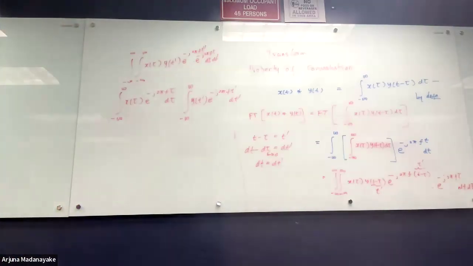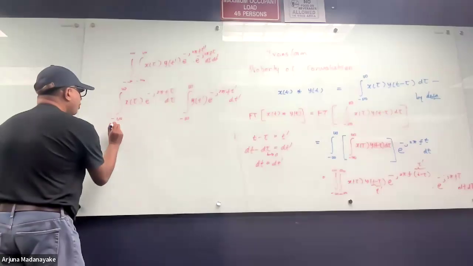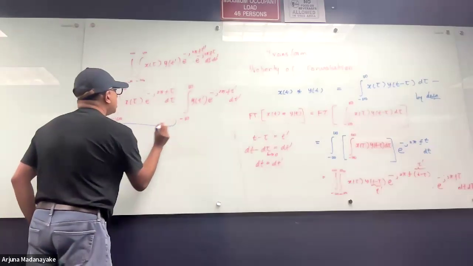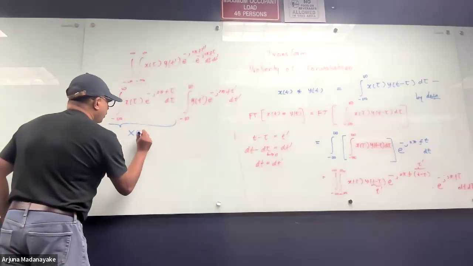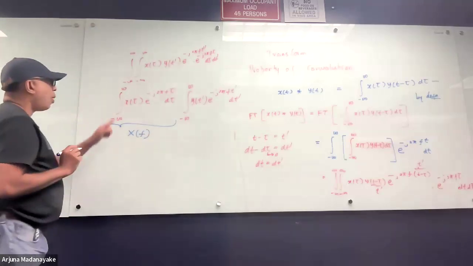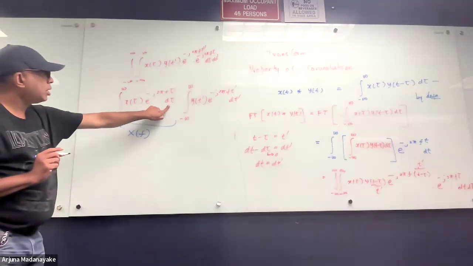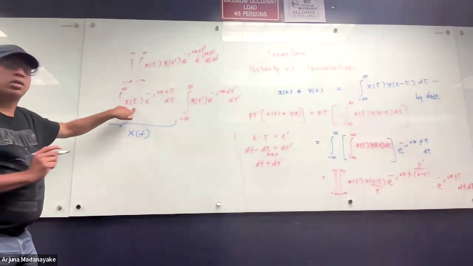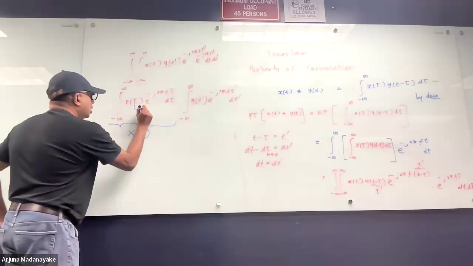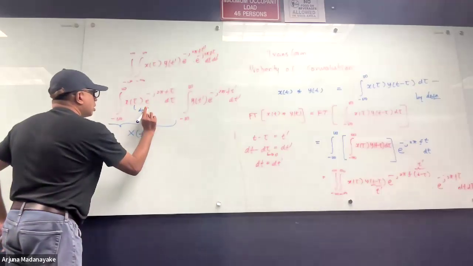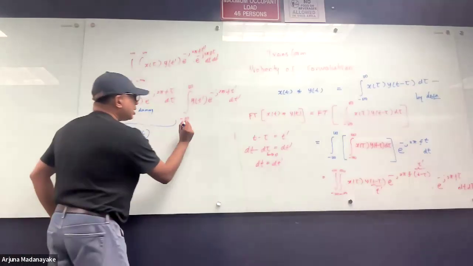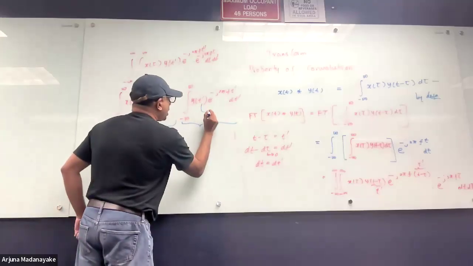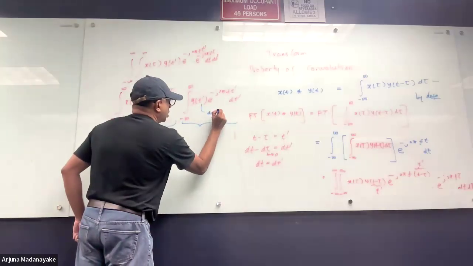When I pull them apart, I get a product, but the beauty of it is that this is nothing but X of f. Why? This is a Fourier transform where I replace the letter t with tau, a dummy variable. Similarly, this is another Fourier transform where t dash is a dummy variable.